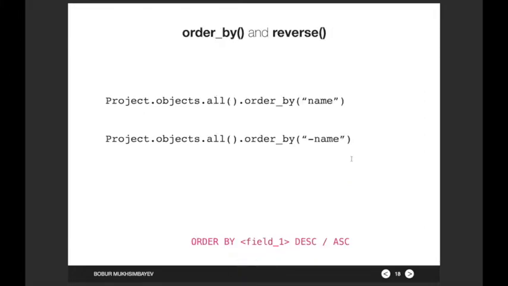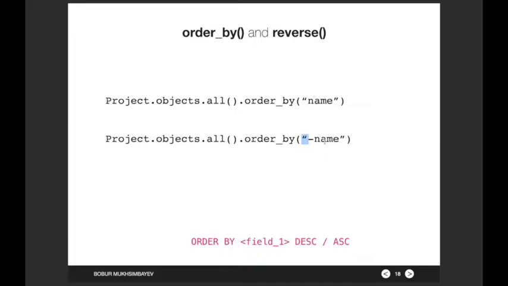Order by and reverse. Order by, we already know, will order our results by default in ascending, increasing order. If you want decreasing order, you just set a minus sign before your field, and it will reverse your results.